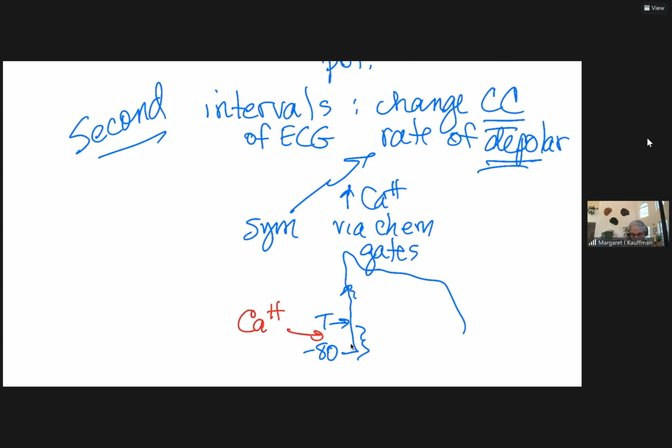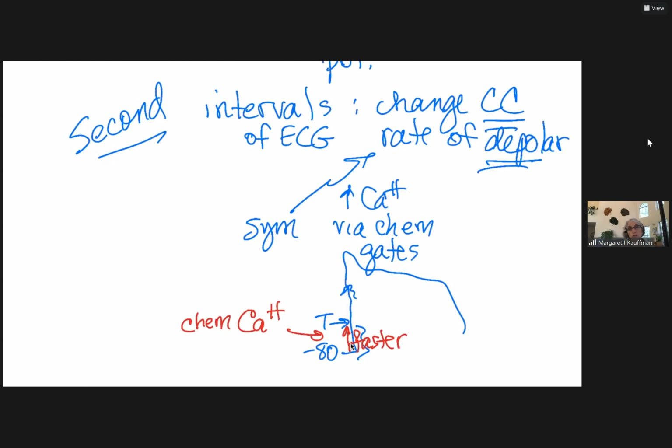So if you open those chemical gates, it's going to make this reach threshold faster, and therefore you're going to shorten the interval because you're going to get to threshold even faster than you would if you just had the gap junctions doing it. Now, that's not just one fiber doing it, it's all the fibers doing it. You add that up and the intervals get shorter. Not lots and lots shorter, but they do get shorter.